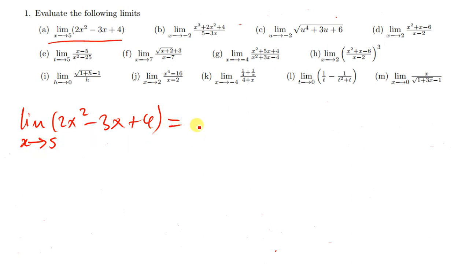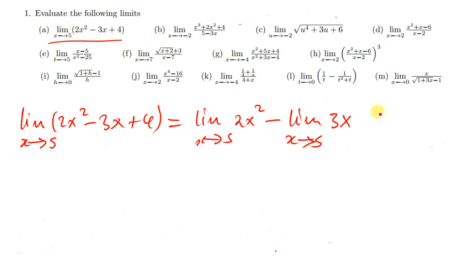If you're following the right procedure, this is supposed to be written as the limit of 2x squared as x is approaching 5, minus the limit of 3x as x is approaching 5. You just write the limit as x is approaching 5 of each independent term in the expression. And then you begin to work them out one by one.